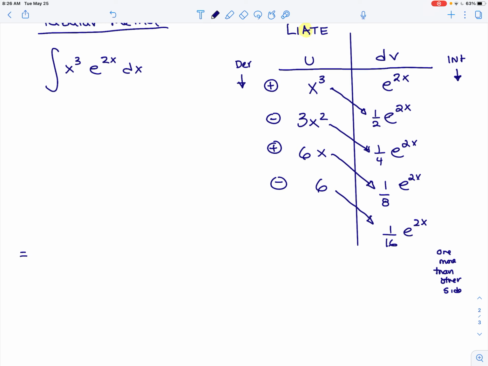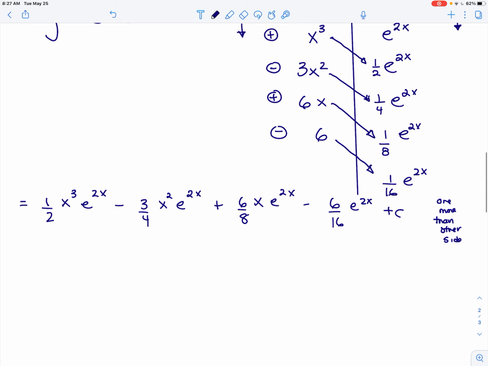So let's see if that's true. So I get 1/2 x cubed e to the 2x minus 3/4 x squared e to the 2x plus 6 over 8 x e to the 2x minus 6 over 16 e to the 2x, and then at the end I just put plus c.